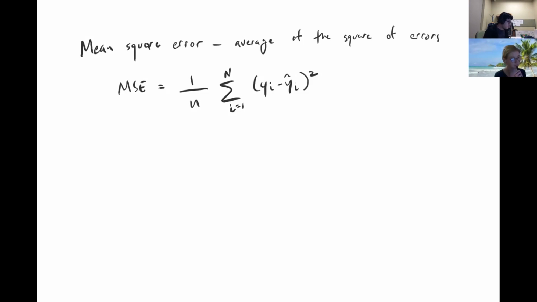And I'm going to introduce a concept that we're really going to build on once we start talking about validation, in particular out of sample validation. So let me draw a graph.